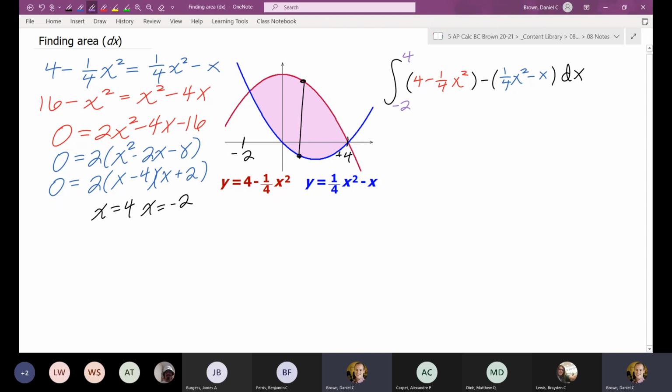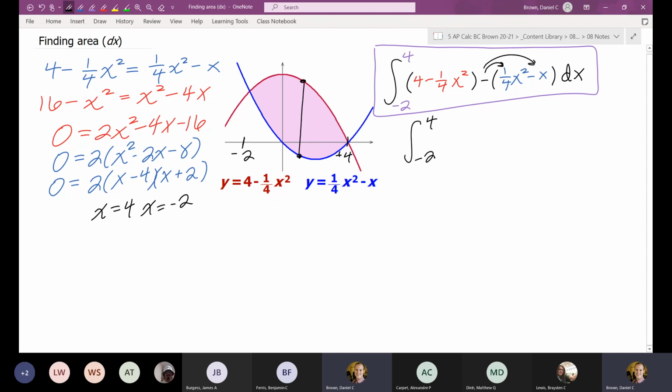If I just ask you to set up an integral but not evaluate it, you could literally just leave your answer like that. If you did need to evaluate it, one thing I would recommend is, of course, always try to simplify it if you can. That will just make the math easier in the long run. If I was evaluating this one by hand, I would distribute that negative and combine any like terms.